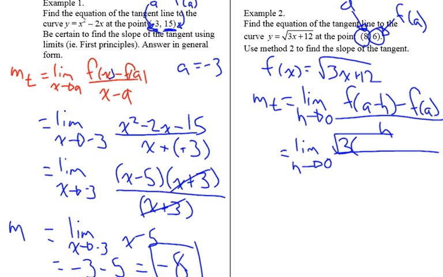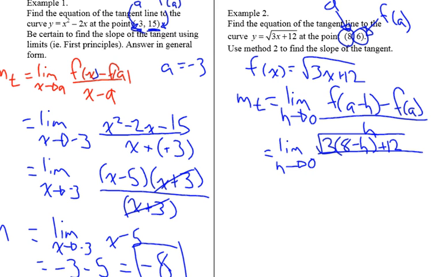And what are we going to put in the brackets? So we're going to put a minus h, and we know what a is. It's 8, right? So we're going to say 8 minus h plus 12. Minus, and we said our value for f of a was 6, right? Minus 6.